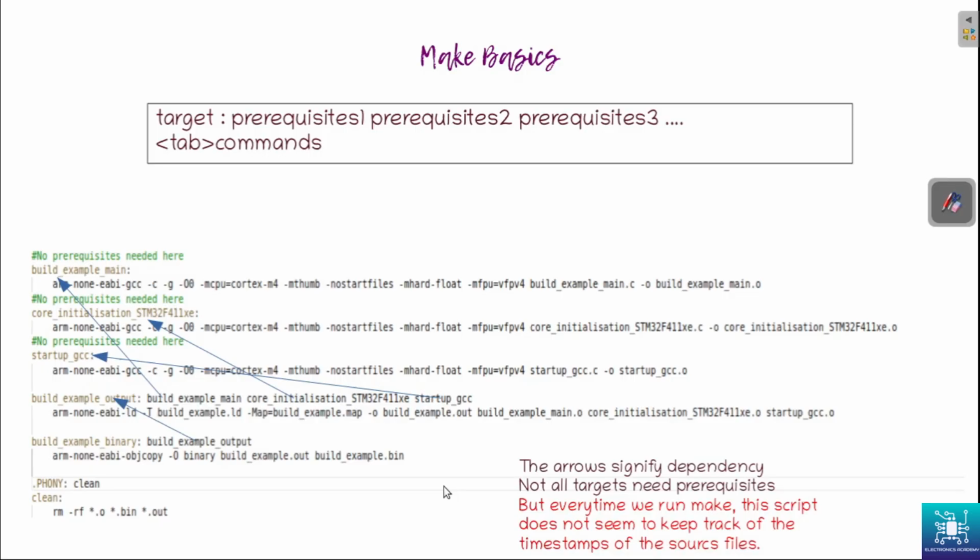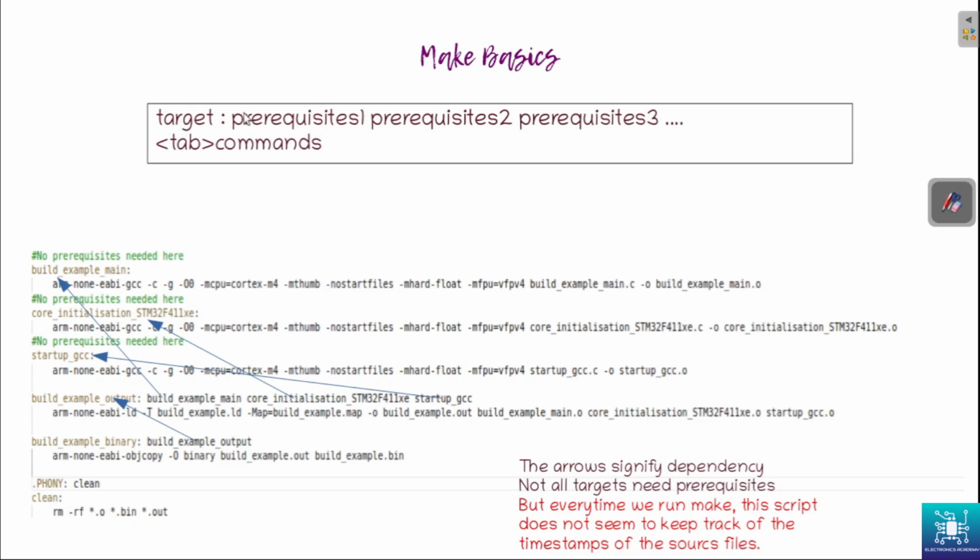Now come to make basics. All of make is dependent on this particular logic. Make has some prerequisites, any number of prerequisites separated by space, and all these prerequisites will give rise to a target.